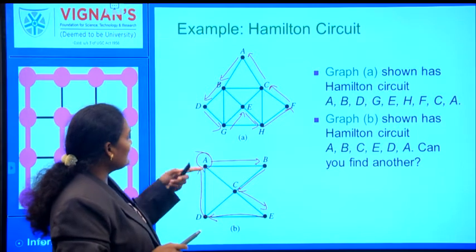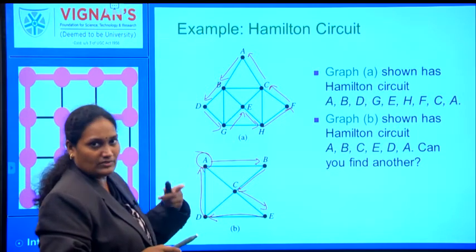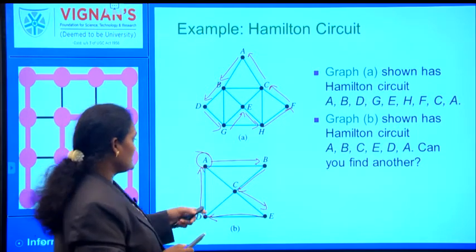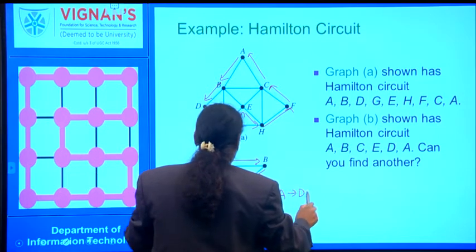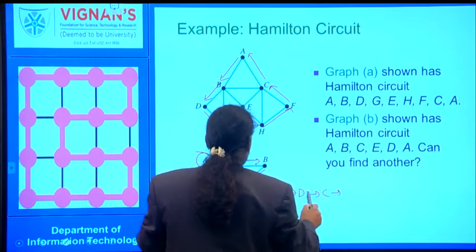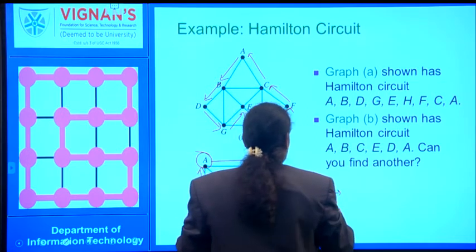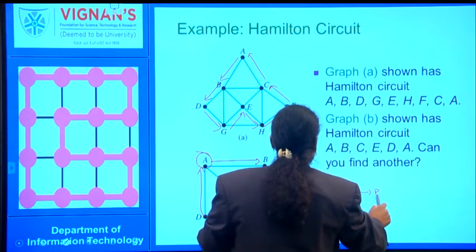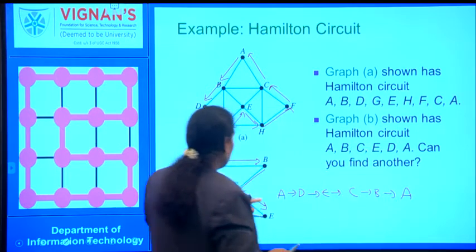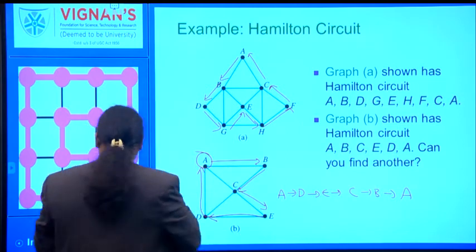Now, can we find another Hamiltonian cycle for this graph?